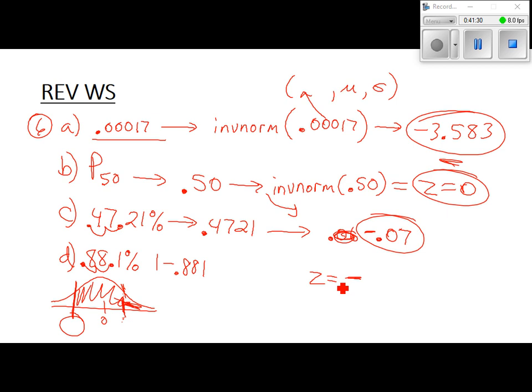Negative 1.10. And with z-scores, we usually go out 2 places. With the area and stuff, we usually go out 4. With z-scores, go out at least 2. This one up here, we probably could have stopped right there for negative 3.58.